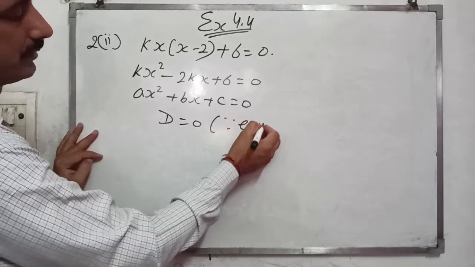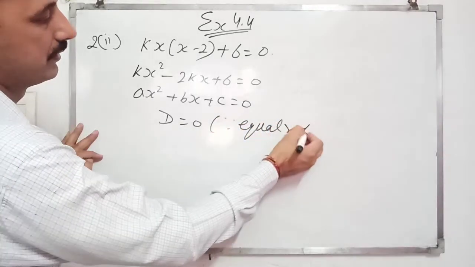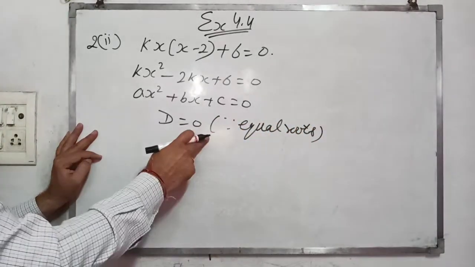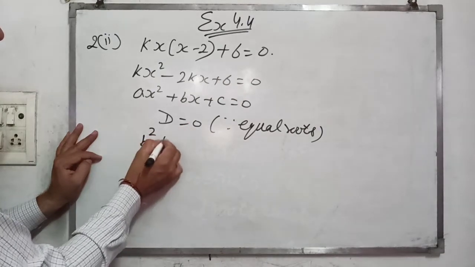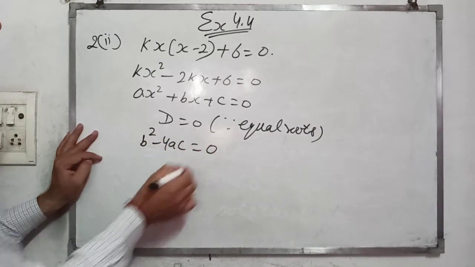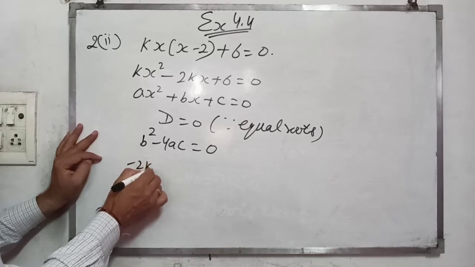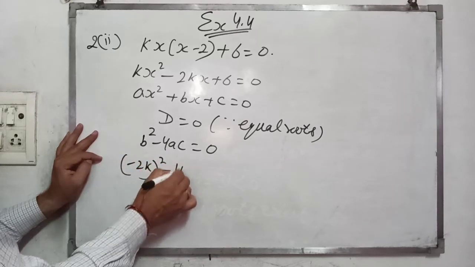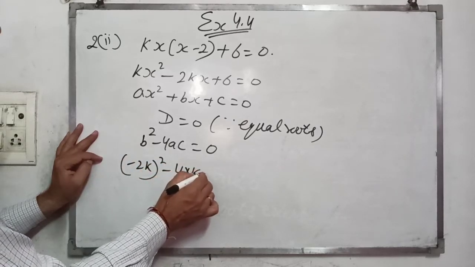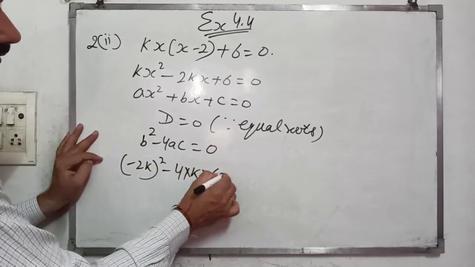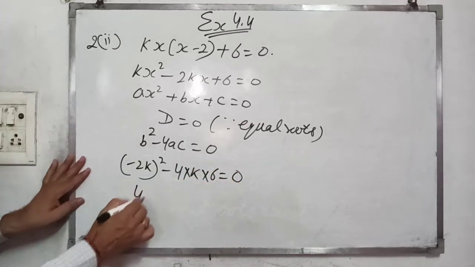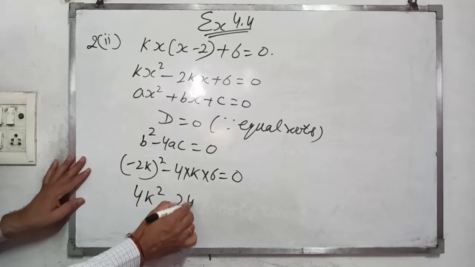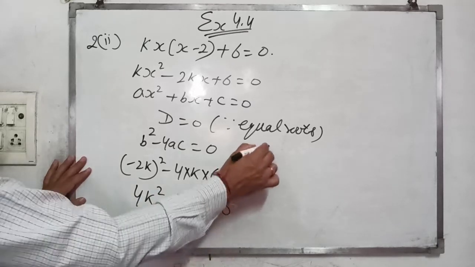Real and equal roots, so D equal to 0. So b square minus 4ac equal to 0. b is minus 2k, whole square, minus 4 into k into 6, that is equal to 0. So 4k square minus 24k equal to 0.